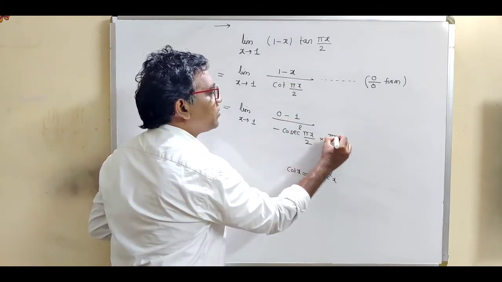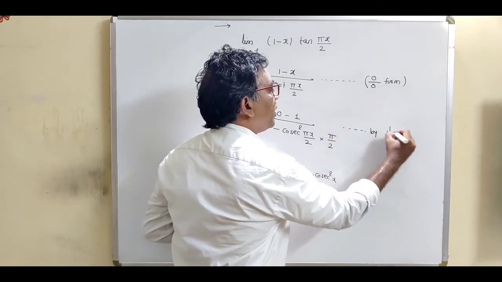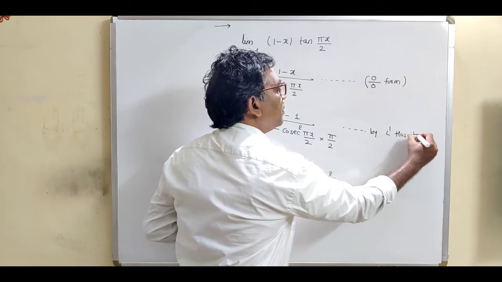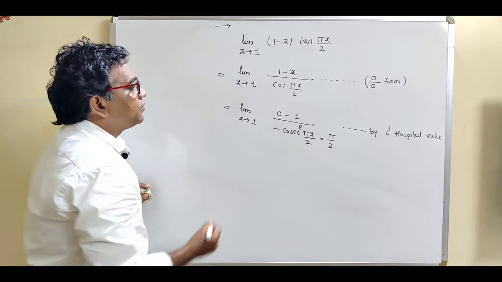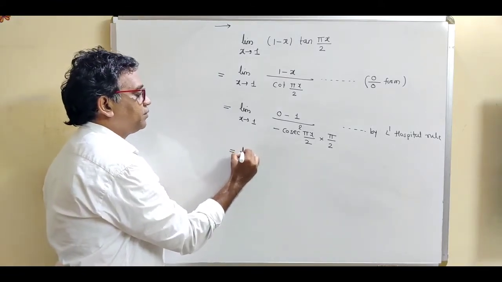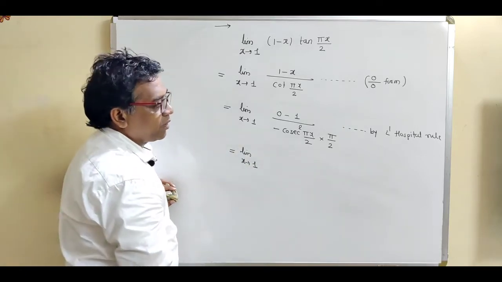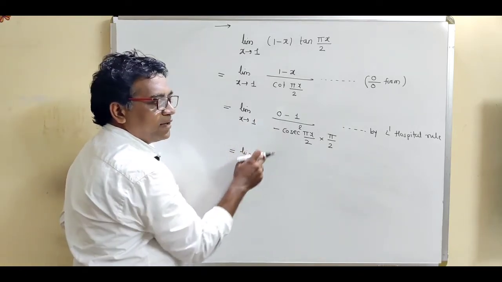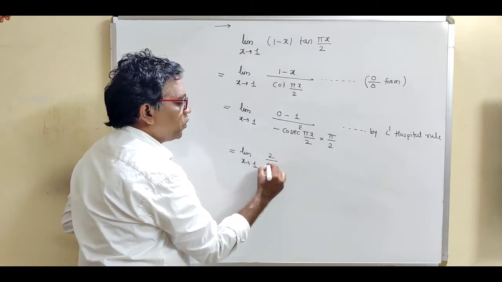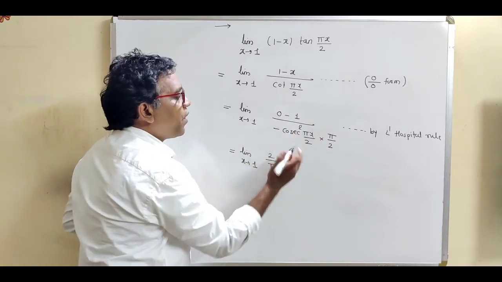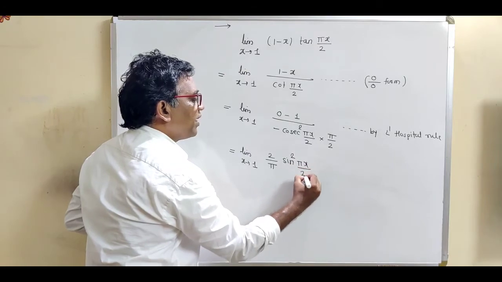So coefficient of x will be pi by 2, and just give the reason by L'Hopital rule. So just simplify, this is equal to limit x tends to 1. Now this minus and minus become plus. 1 upon pi by 2, so this is 2 upon pi, and 1 upon cosec means it is sine square pi x divided by 2.